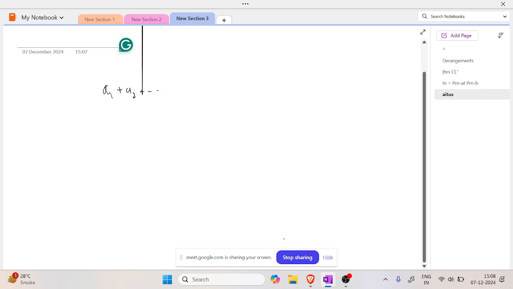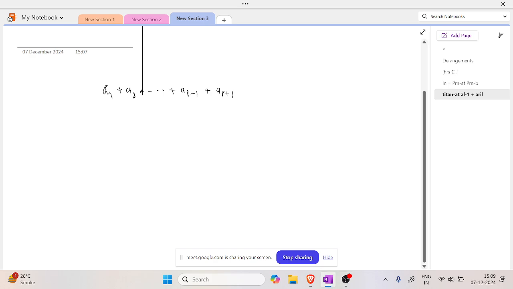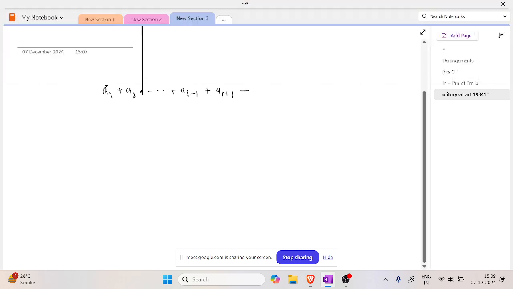Basically, A1, A2, and so on until AL minus 1, then AR, and AR plus 1, AR plus 2, and so on until AN.